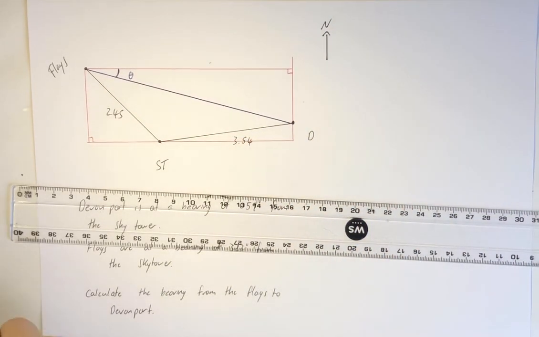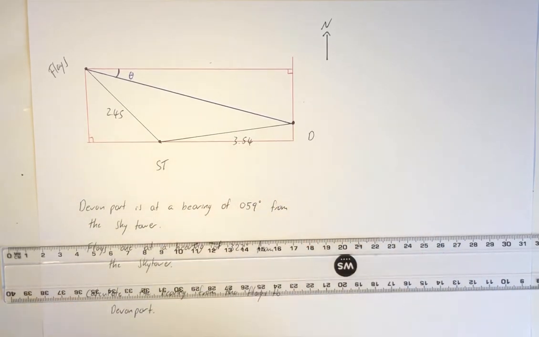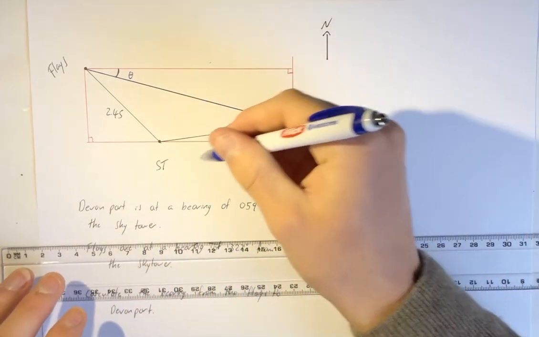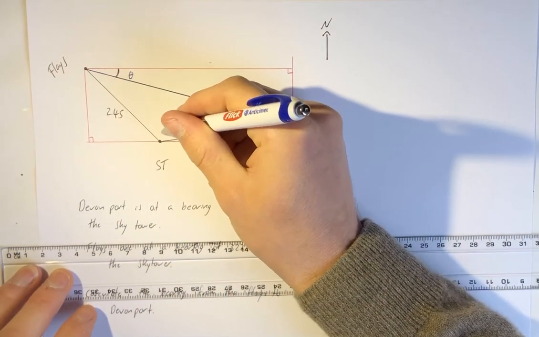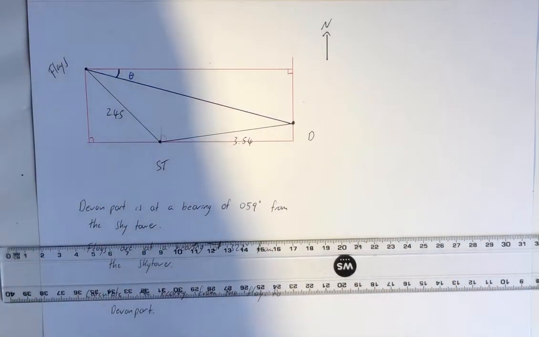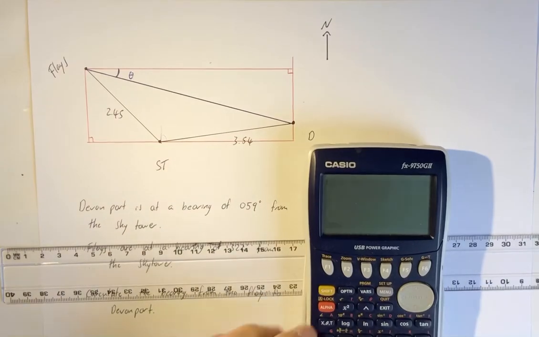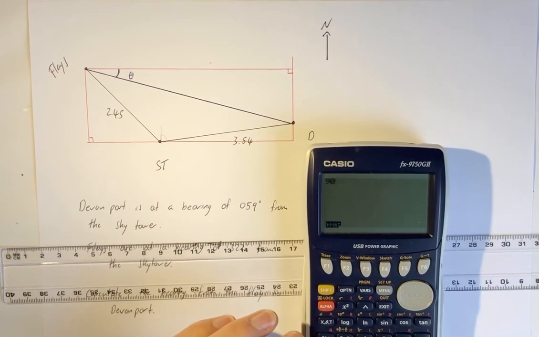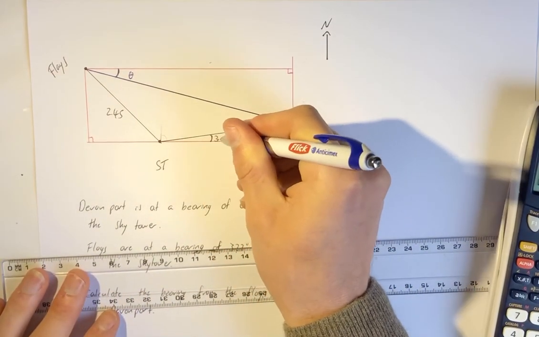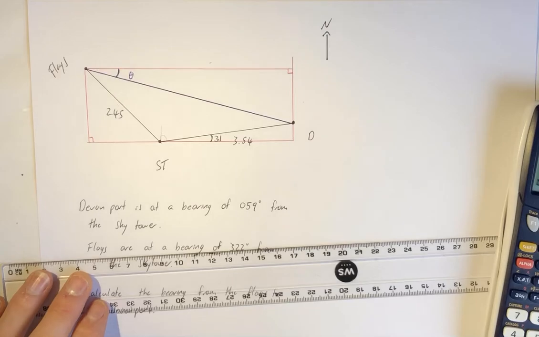To calculate that, I need to put in the things that I do know. Devonport is at a bearing of 59 degrees from the Sky Tower. So if that was north, straight up, that's an angle of 59. I'm going to take 59 away from 90, so that's 31 degrees in there.